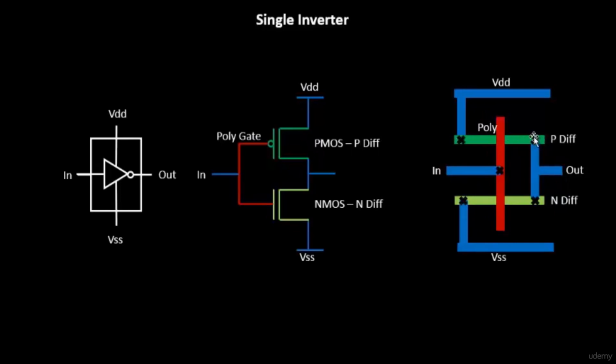The black crosses that you see are your contacts. Each color identifies each layer. So for example, let's say this is metal 1, the green color could be metal 2, the yellow color could be metal 3, and this could be metal 4, and so on. Each particular color indicates a particular metal layer.